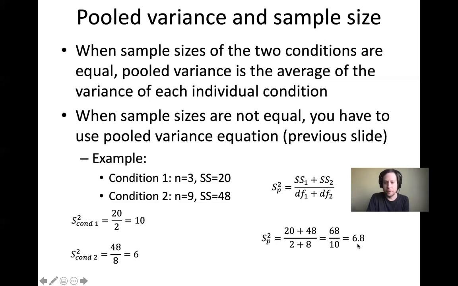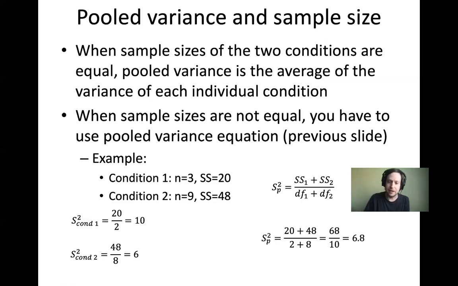The reason it worked out this way is that this is the condition that has a bigger sample size. So when you calculate pooled variance, the number that you get will be closer to the variance of the individual condition that has a bigger sample size. A neat little mathematical fact is that if the sample sizes are equal, you could add up the variance of condition 1 plus the variance of condition 2 and divide by 2.